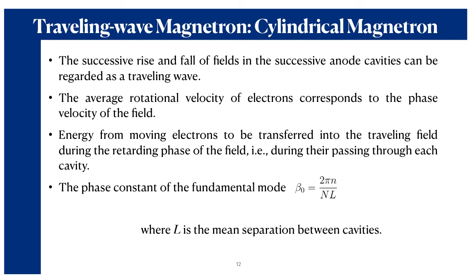And since, as I told, the phase velocity of the traveling wave is equivalent to the average rotational velocity of the electron, the phase constant can also be related in a similar way by dividing this entire phase by the separation length of the cavity.